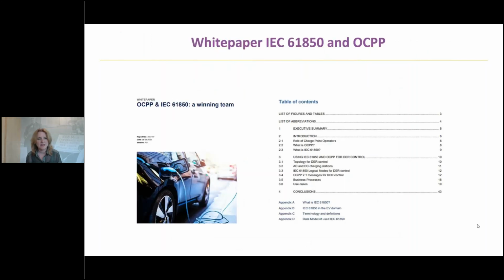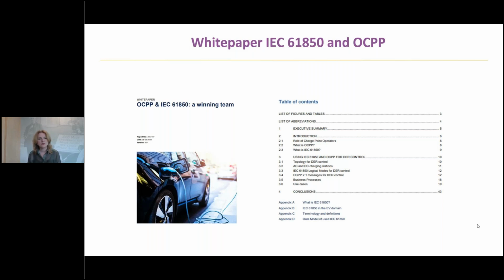One thing that we have written, which is available on the OCA website, is a white paper explaining the combination of OCPP and IEC 61850. IEC 61850 is one of the prominent standards within TC57, and it's a standard that's widely used for distribution automation.